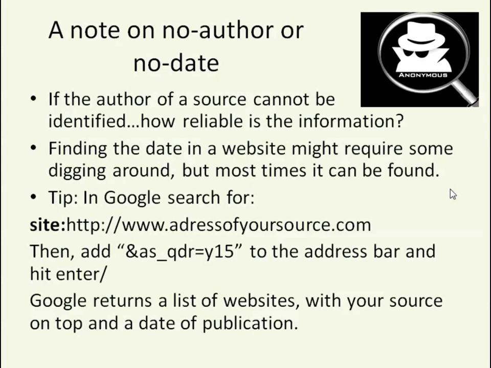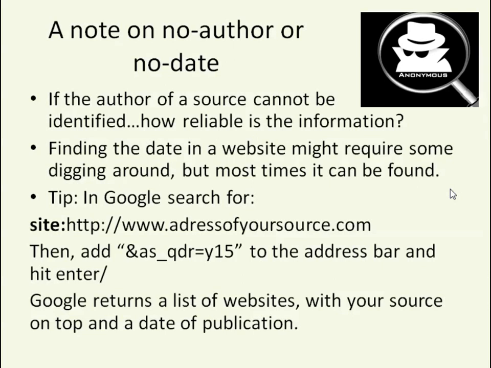Now, I'm including this tip that I learned just now. I would have told you earlier, but as it happens, I thought there must be a way to do this, and there actually is. And so here is the main idea. You can use Google in order to find the date of publication of a website.